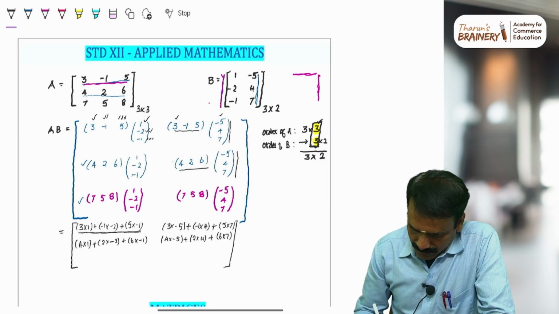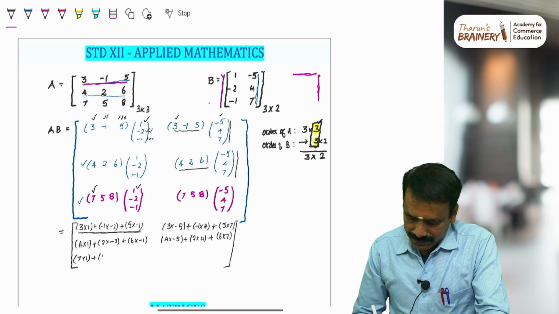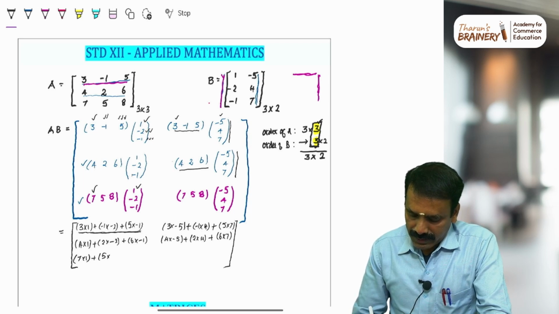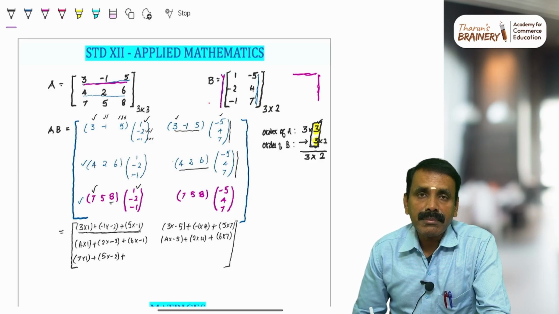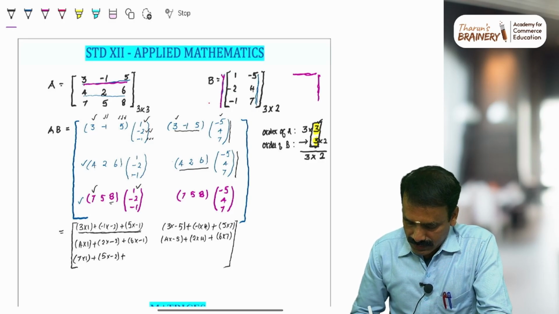Next one, 7 into 1. First element with the first element, then plus symbol. Second element with second element. What is the second element? 5. In the column format, what is the second element? Minus 2. I found the product. Plus. Third element is there, left over there, correct? 8. And 8 should be multiplied with which number? Minus 1. So 8 multiplied with minus 1.